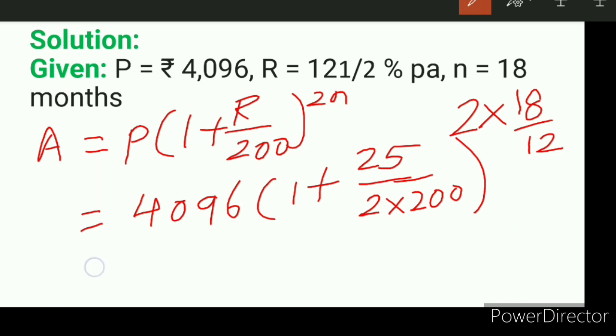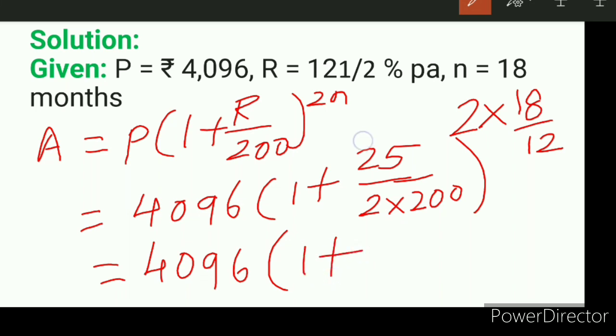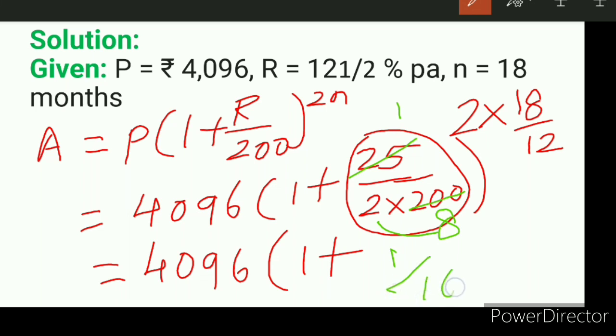Next step, 4096 into 1 plus, and the terms are in fraction now, so we can cancel. 25 one time in 200, 8 times. Multiply this 8 with 2, 1 plus 1 by 16, whole to the power.